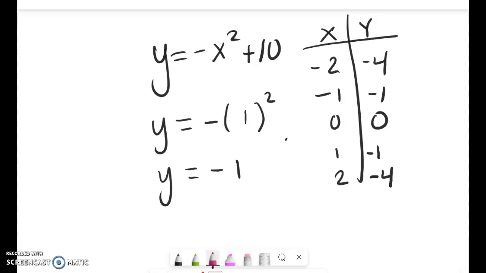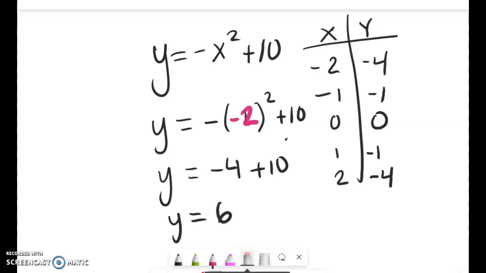If I plug in negative 2 here and add 10, this would have been negative 4, and then plus 10, y would be equal to 6. So I'm creating my new table, and I would have positive 6.